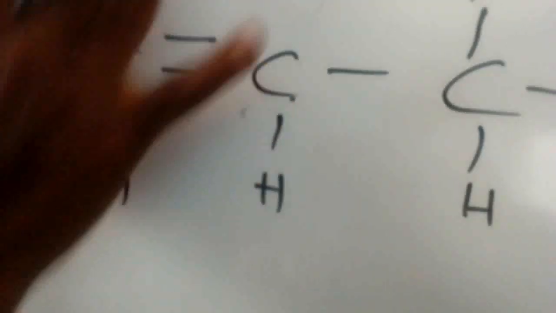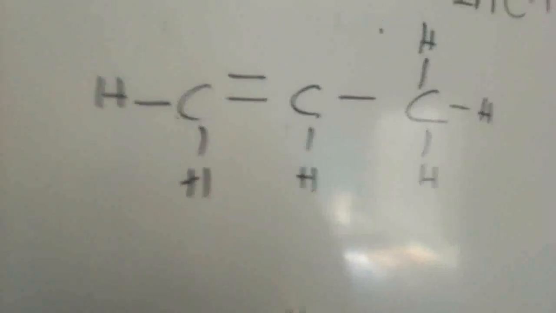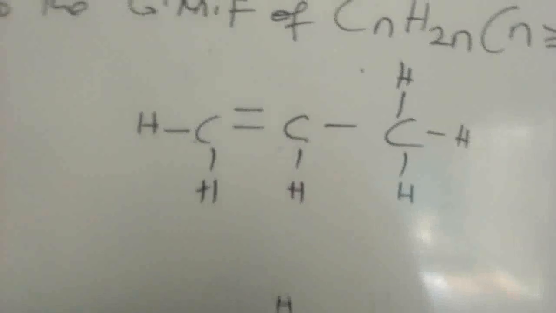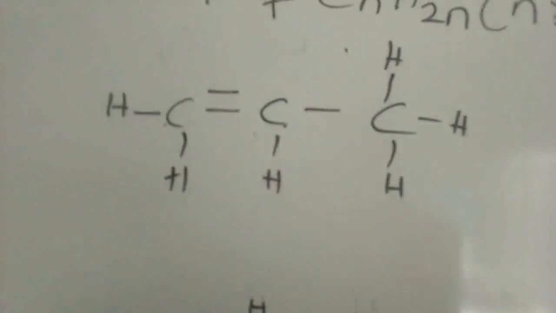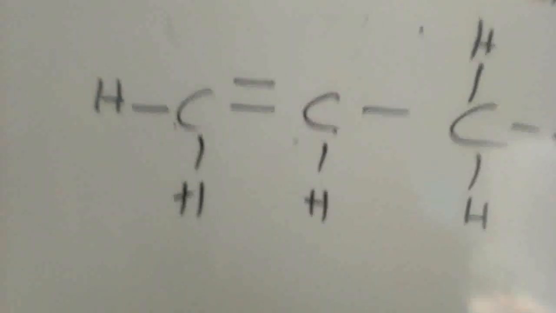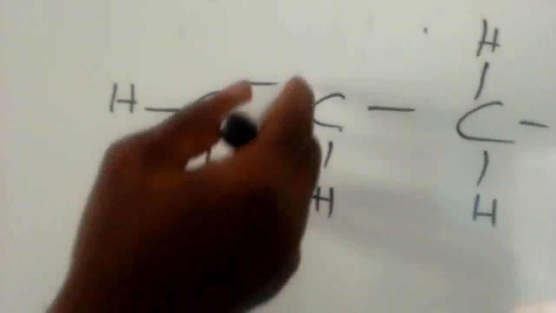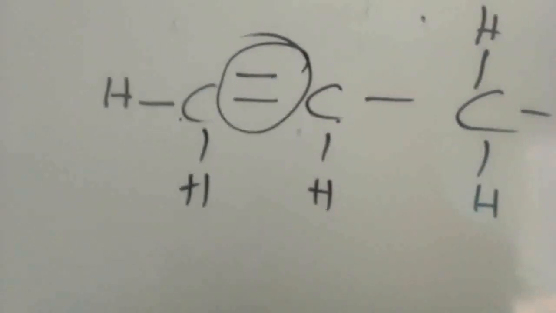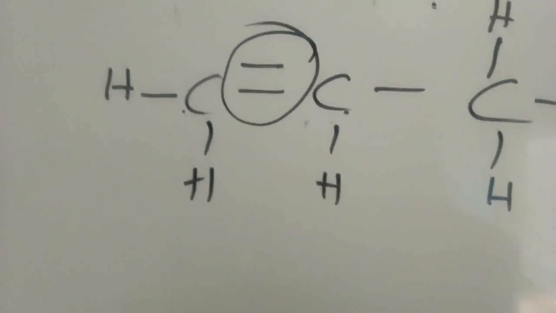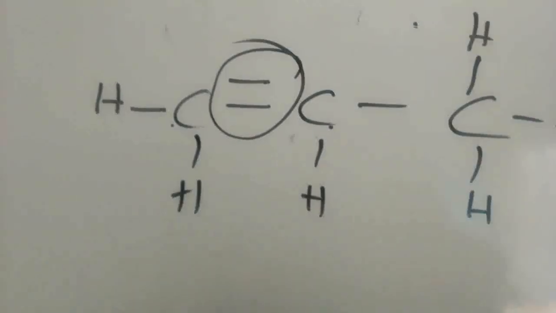I can as well put 2 hydrogen here and remove the 2 on top, and you see the same compound. So for alkenes, the double bond is the functional group. All alkenes must have a double bond between 2 adjacent carbon atoms.